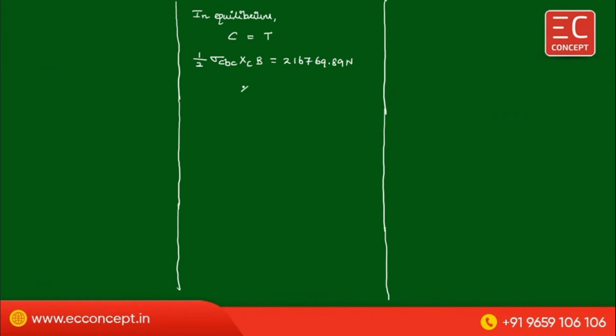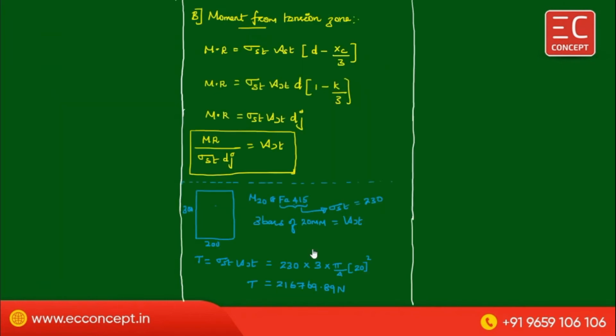So with everything known, what is Xc? Xc is equal to 216769.89 Newton, the whole divided by 7 into 200, with the 2 going across. The breadth is 200. Sigma cbc for M20 concrete is equal to 7.